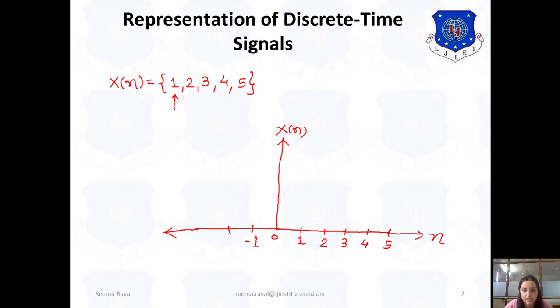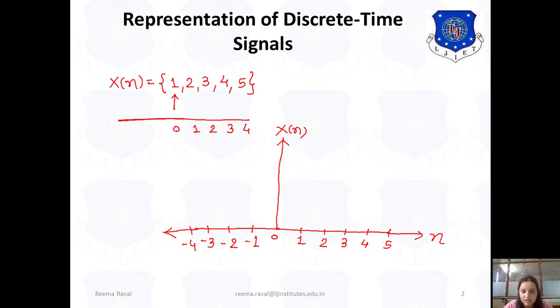Similarly, on the negative side, the time instants are -1, -2, -3, -4, -5, likewise. Now in this example, the arrow is at position 1. That means this indicates the origin position, so 0, then 1, 2, 3 and 4.